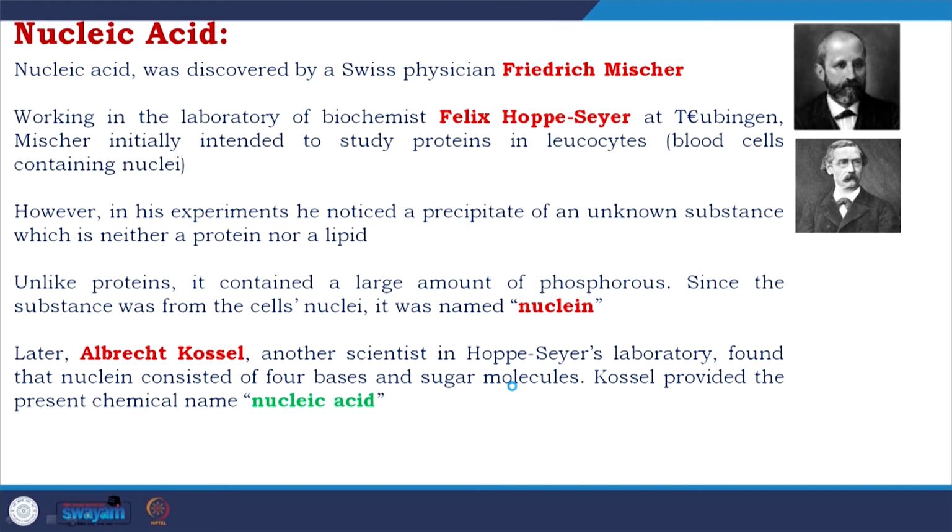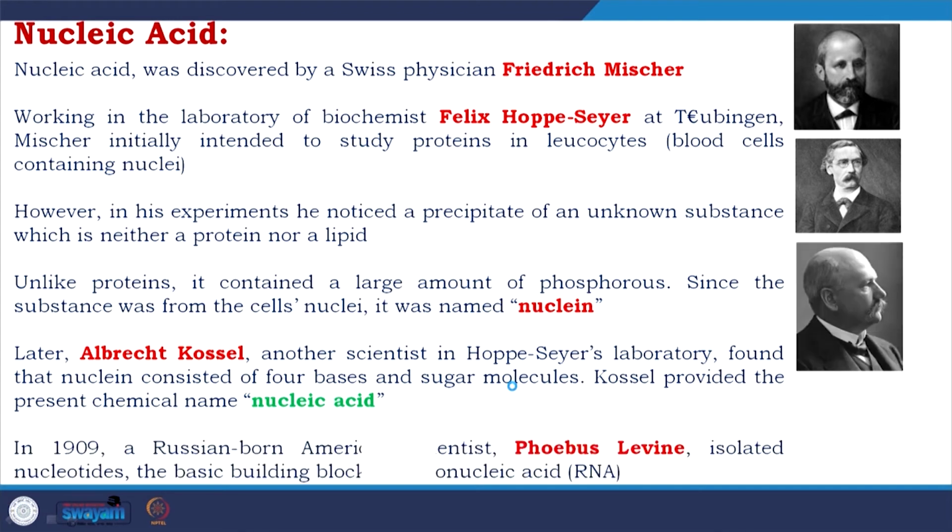Kossel provided the present chemical name, nucleic acid. In 1909, a Russian-born American scientist, Phoebus Levene, isolated nucleotides, the basic building block of ribonucleic acid.